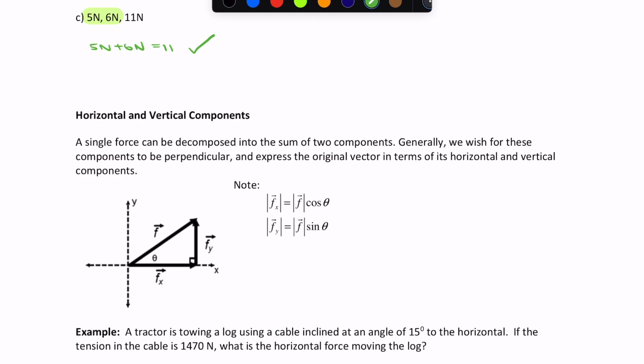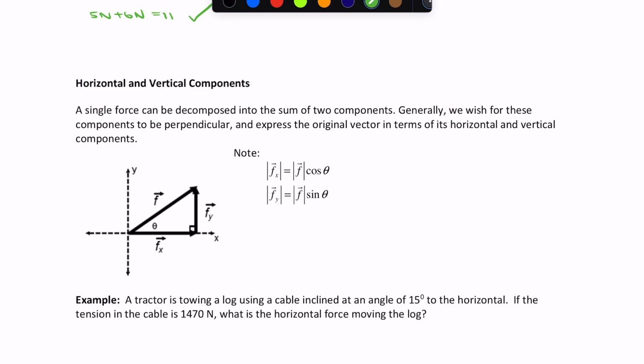And so here, if we look at the horizontal and vertical components, again, a single force can be decomposed into the sum of two components. Generally, we wish for these components to be perpendicular and express the original vector in terms of its horizontal and vertical components.